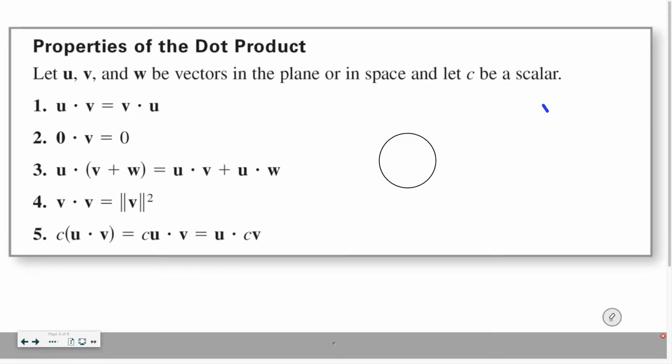So if we have a scalar multiplied to a dot product, you either take the dot product, then multiply by the scalar, or the scalar goes to one of the vectors, and then you can take the dot product. Okay? But it is not a distributive property because we have multiplication and multiplication.